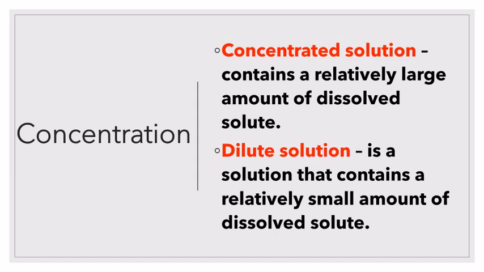However, for dilute solution, in Tagalog, nagluto ka ng sinigang but the taste is very matabang. Okay, kulang na kulang yung asim ng sinigang. So that is what we call a dilute solution. So the solution contains a relatively small amount of solute. So konting-konti lang yung nilagay na sinigang mix doon.